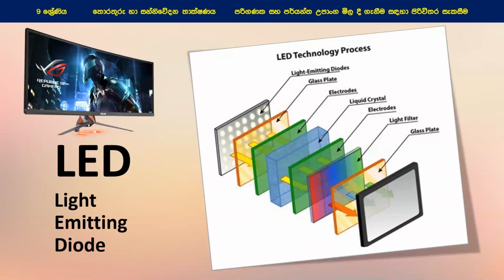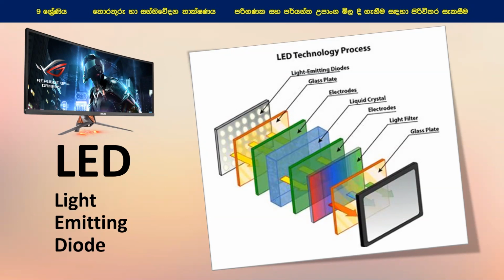But the major technology that they are using is not the liquid crystal, but the light emitting diode, which stands for LED, right? So using the light emitting diodes, with the help of liquid crystal, they create the pictures on the screen which the user experiences, right? So those are the three things: CRT, LCD, and LED, right?